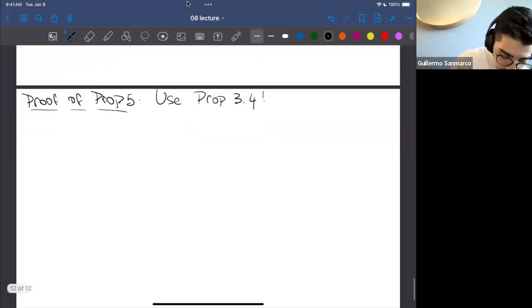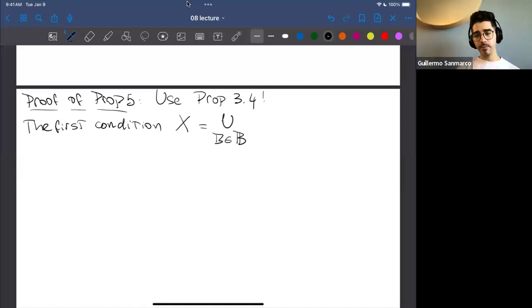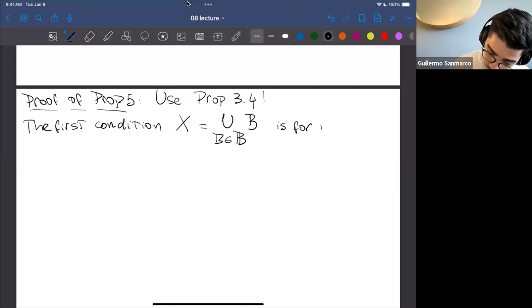So the first condition says that the entire space X is covered by all the elements in our candidate for a basis. And this will be for free.